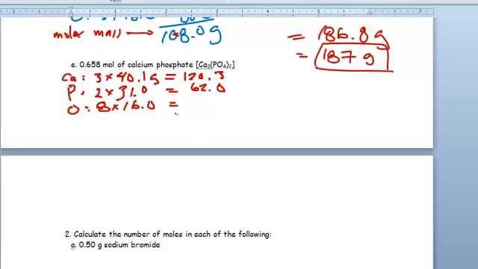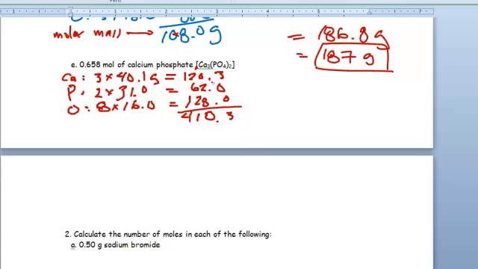Let me make sure. 8 times 16, yeah, 128. Okay, and then add everything up. We get 3, that's 10, carry 1, so that's 9, carry 2, and that's 4. Okay, 410.